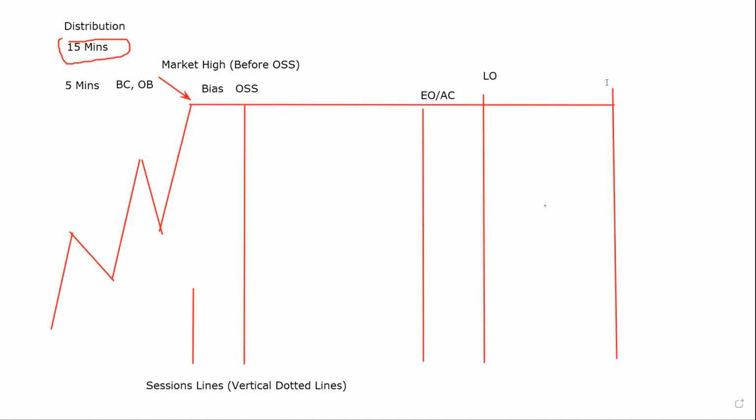That's what you have to extend, NYO1, New York Open 1. I think that time is your 8:30 p.m. your time, right? So this is the basic structure here.